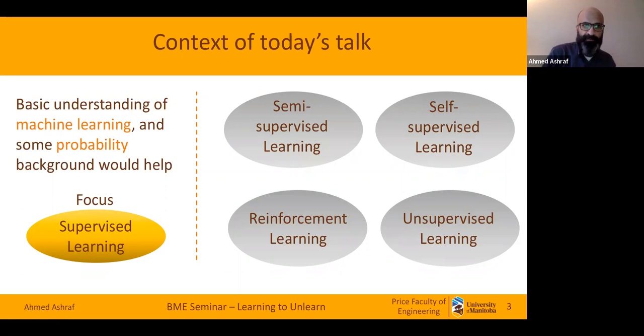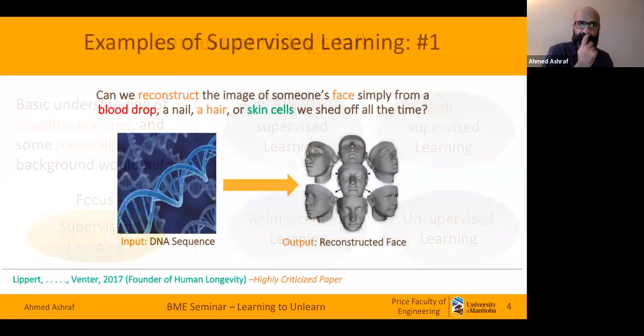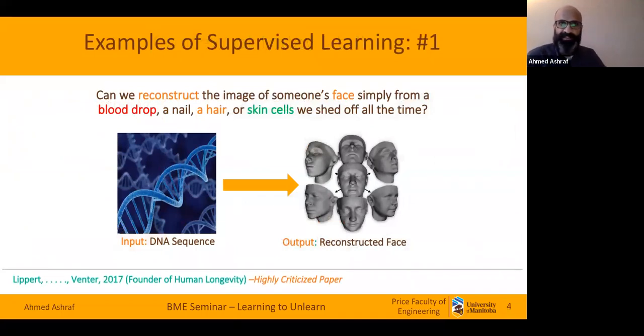So for those of you who have taken one of my classes, they would be familiar that some of my favorite examples of supervised learning are about to be shown on the slides. So consider this first example problem. You want to reconstruct the face of a person based upon the input, and the input is in the form of, let's say, a blood sample, skin cells, which of course we shed off all the time.